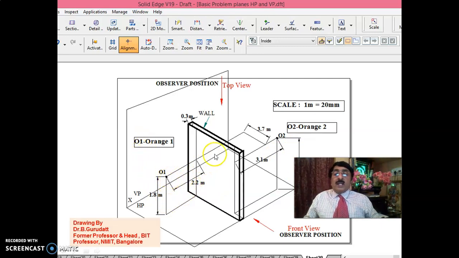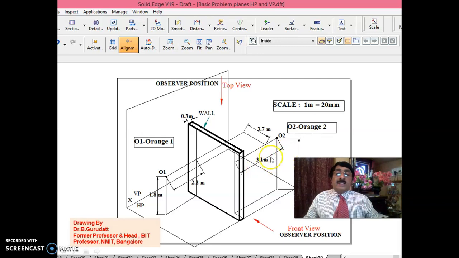Now you see here, the first orange's distance from the wall is 2.2 meters. For 1 meter equal to 20 mm, that is almost 44 mm. The second orange's distance from the wall is 3.1 meters, that is almost 62 mm.